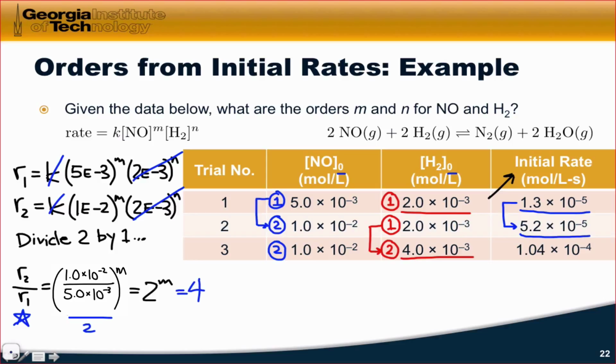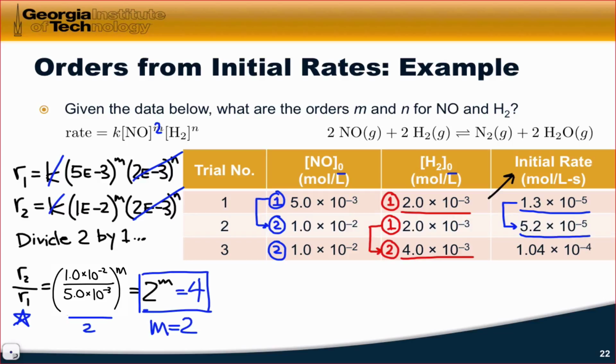So now we're solving a very simple equation. 2 to the M is equal to 4. And you could solve this in general by taking the logarithm of both sides and doing some division, but ultimately, by inspection, we can see here that M must be equal to 2. That means that this reaction is second order in NO. We've figured out the value of M.